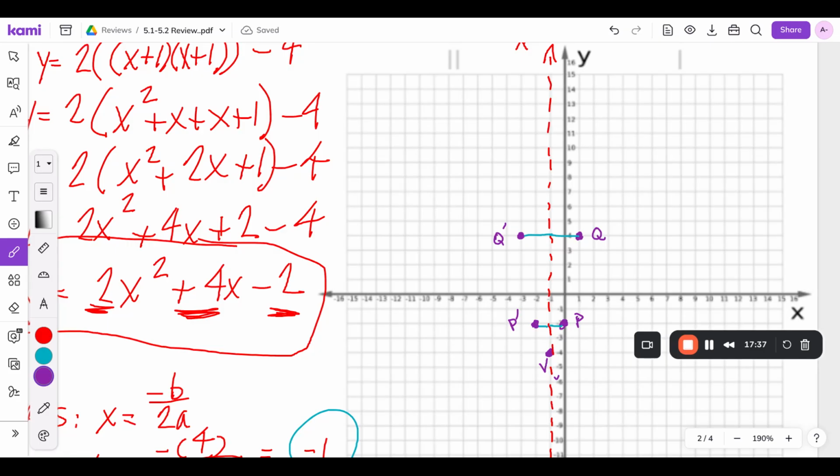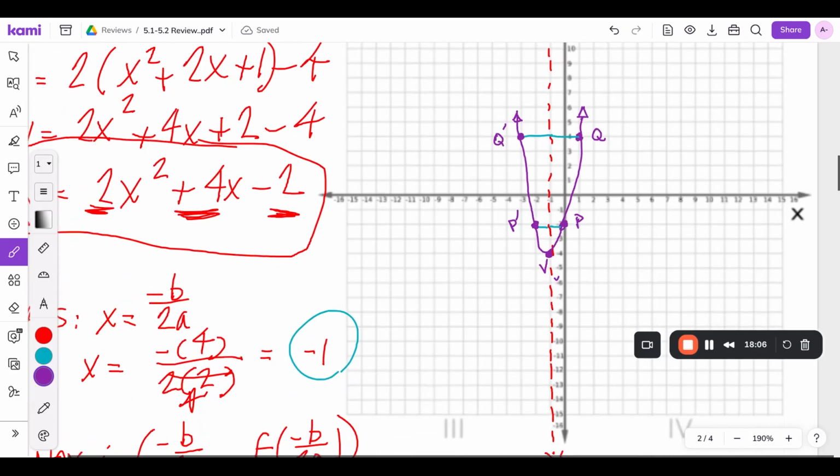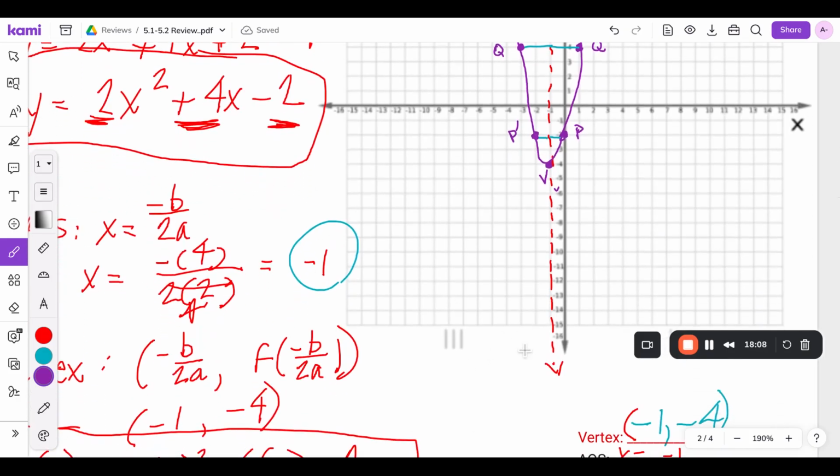I'm actually going to take this opportunity now, since I have the graph enlarged, to draw the parabola, as best I can here on this tablet writer. Don't draw too far past that. Draw your arrows. All lines have arrows, including the axis of symmetry and your parabolas.